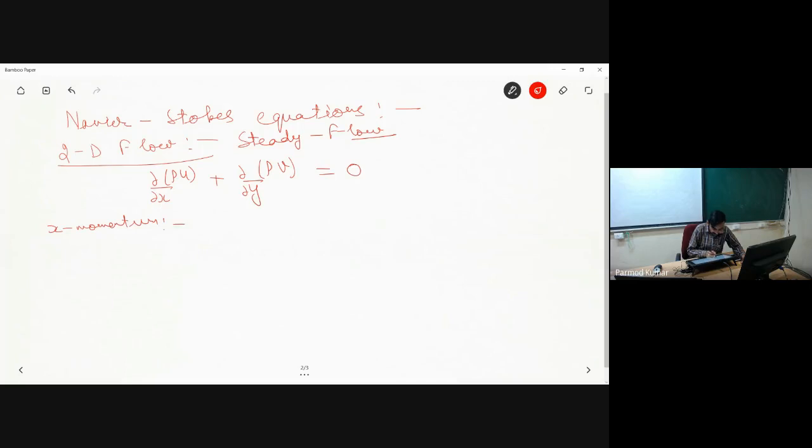So my x momentum will be del by del x of rho u into u plus del by del y of rho u into v. And what will be there in the right hand side?